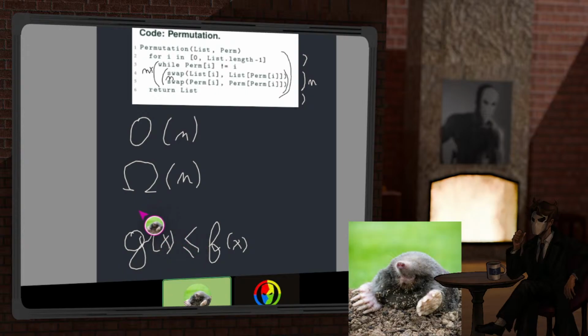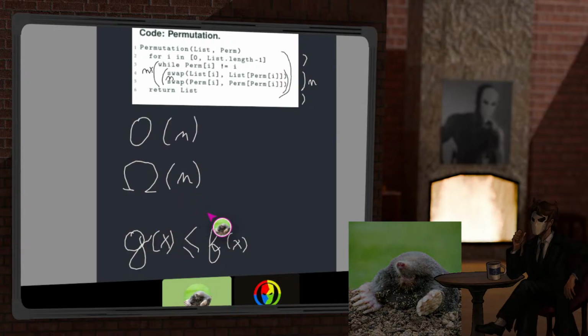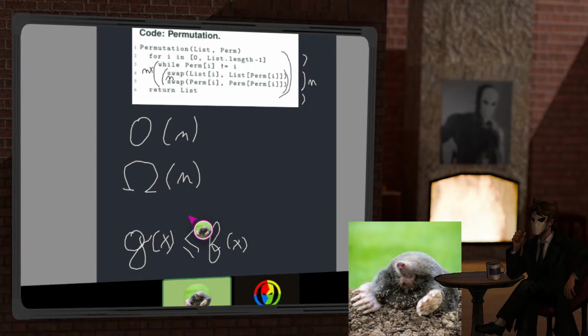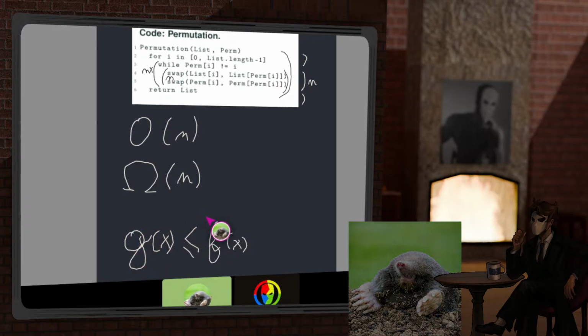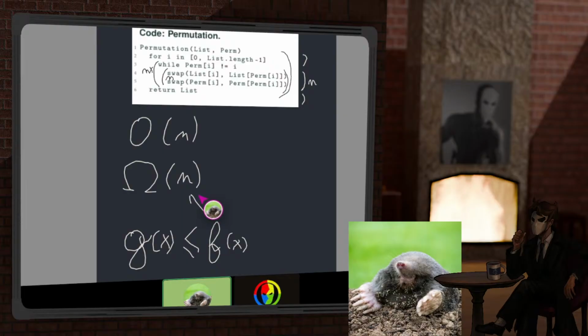So, if we can find an example input which grows linearly, then we know that since f of x is necessarily greater or equal to g of x, then it will also be in omega of n, because omega is a lower bound.